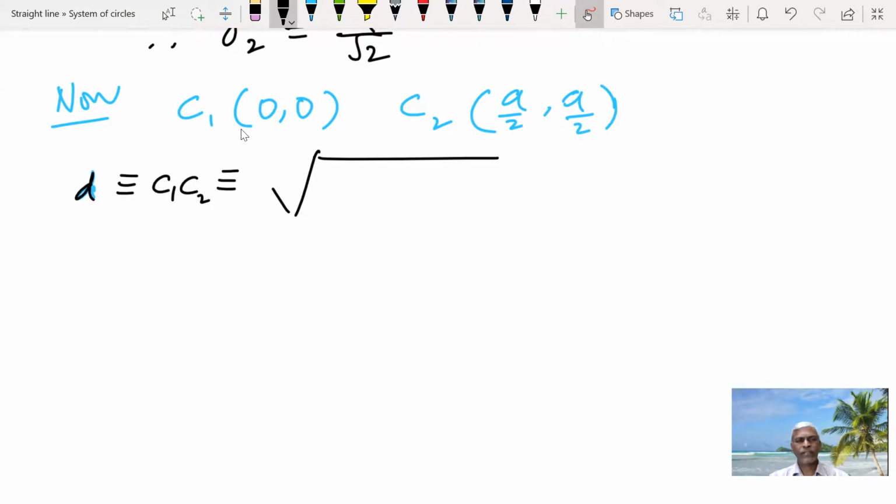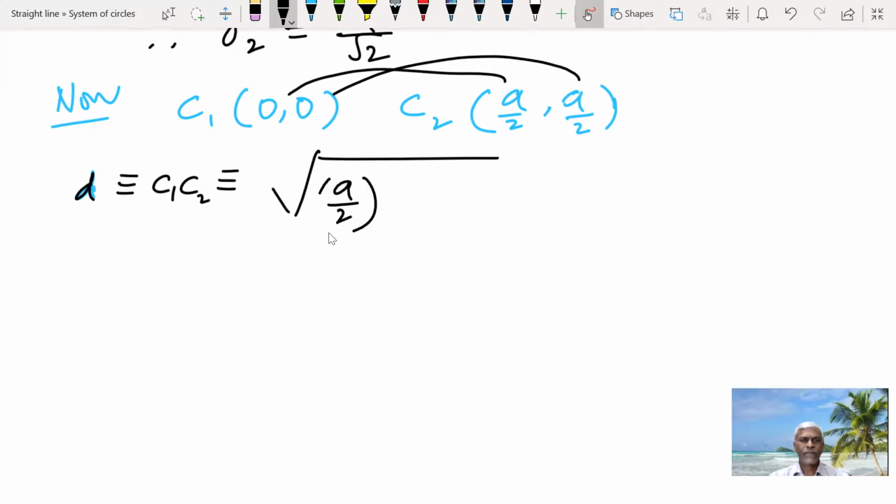So distance between origin and this one, so a by 2 minus 0, a by 2 square. This is also a by 2 minus 0, a by 2 square.